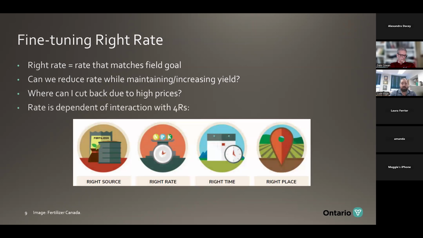That's where rate is really dependent on the interaction with the other 4Rs. So what Dale and I are going to go through today is not just the right rate, but how the right source, the right time and the right place interact with that, and how to utilize those different methods of improving the efficiency of our fertility plan.